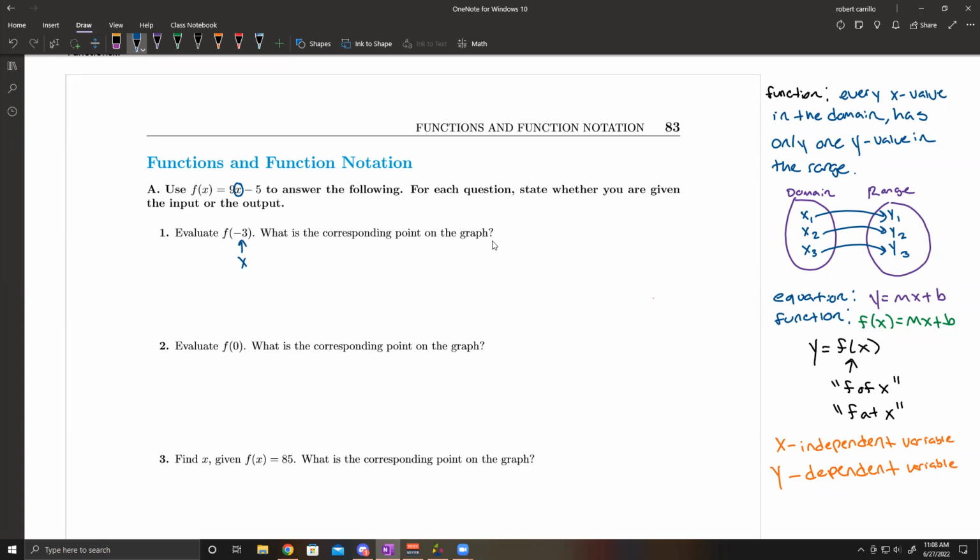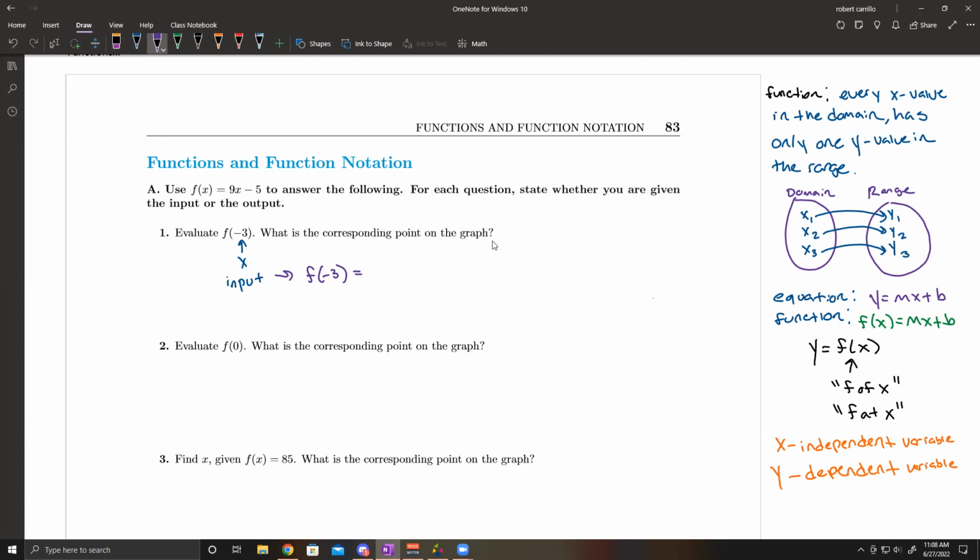So this is an input. Now let's check it out. F of -3 means we take -3 and we plug it in for that x value in the function given above.